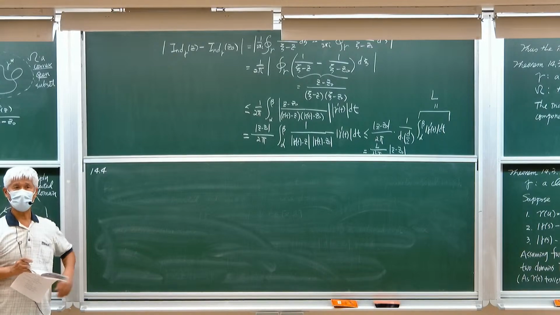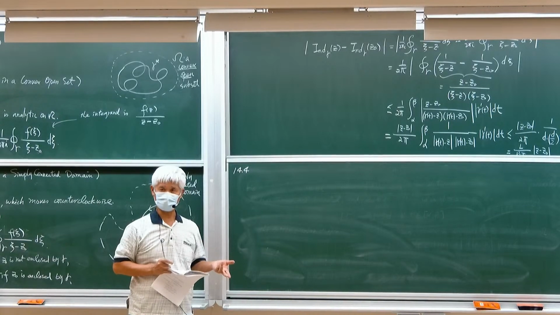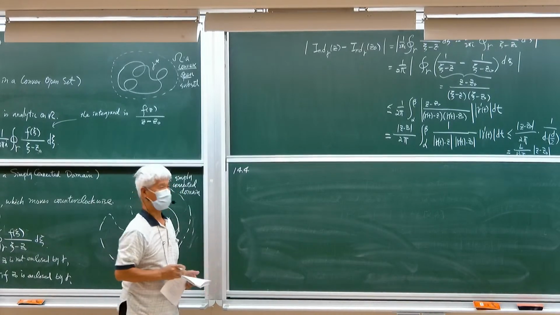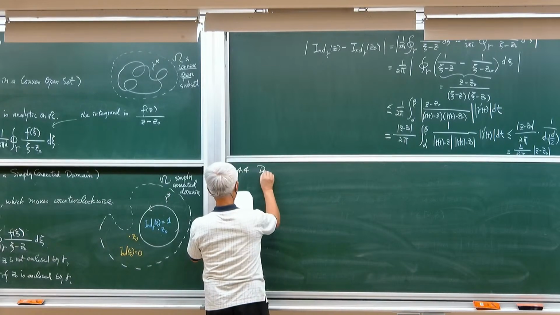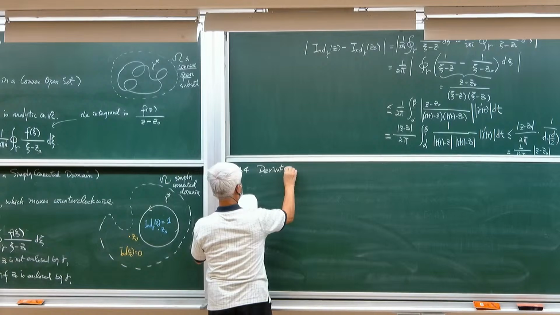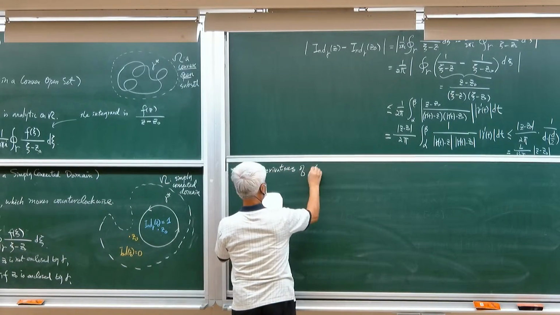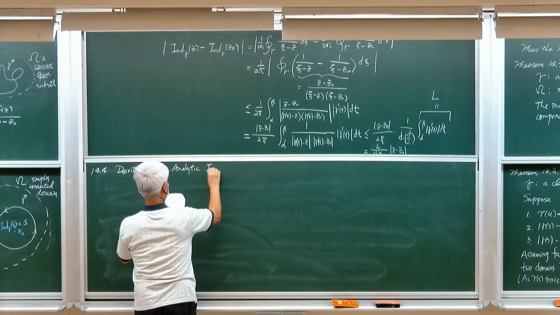So if the derivative exists, then the second derivative will exist, and then the third derivative, etc. So we will answer this property in this section. Derivatives of analytic functions.